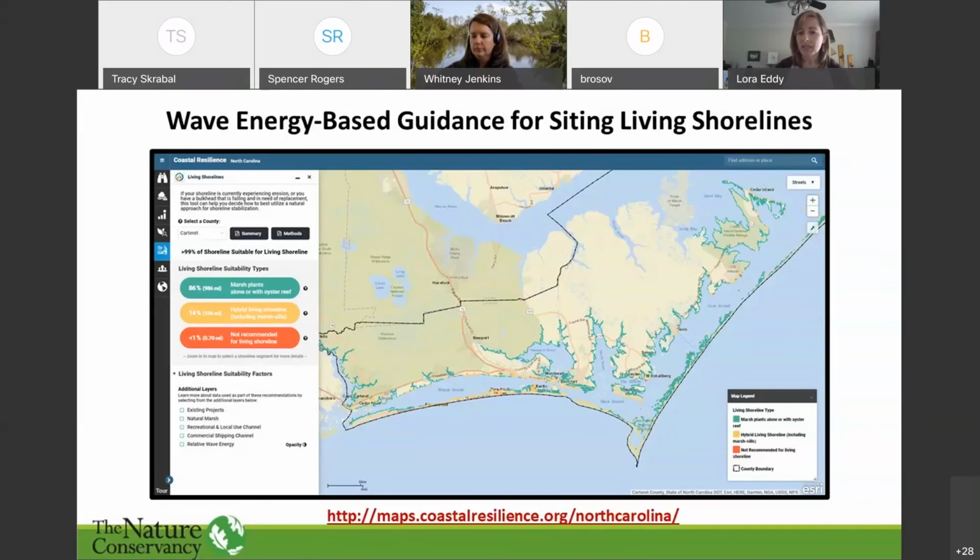I would classify it as a quick screening tool that can help you determine one aspect of what was just covered, as far as the site's wave exposure or energy conditions. And it also provides some guidance on what living shoreline designs should be suitable for that location to stabilize the shoreline and address your potential erosion concerns.